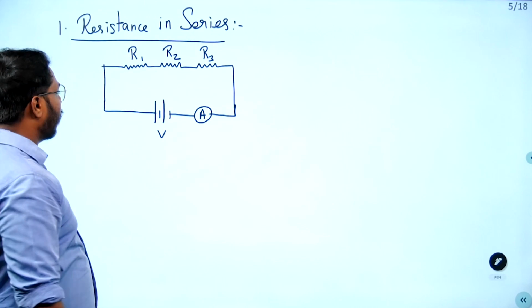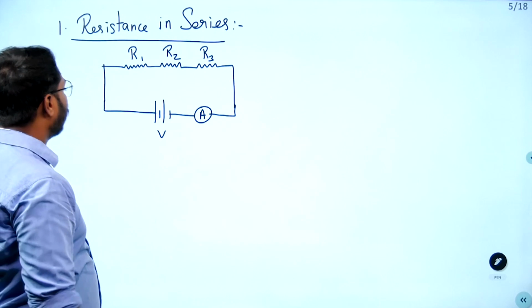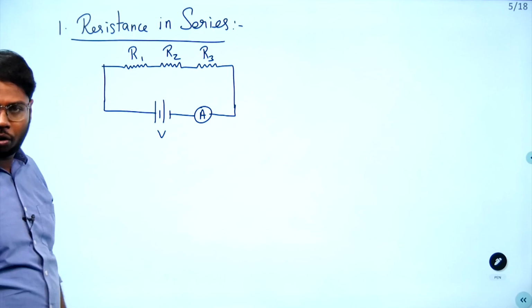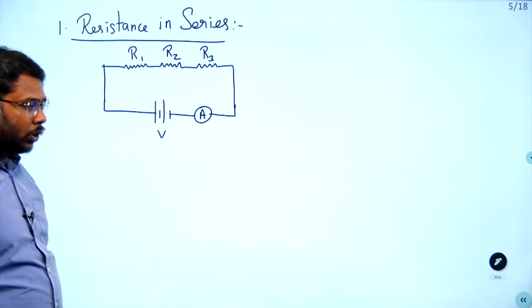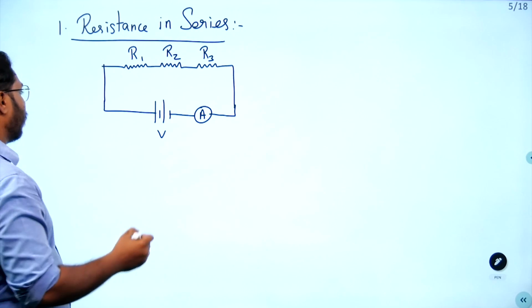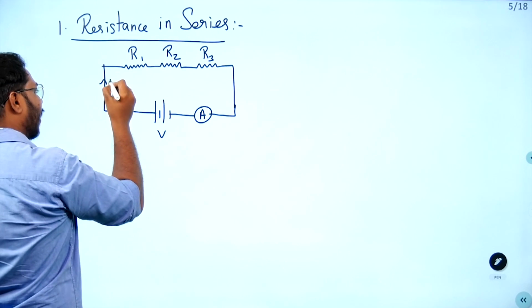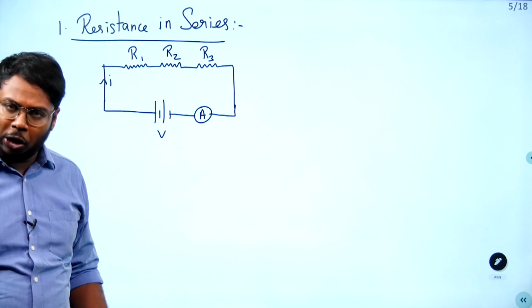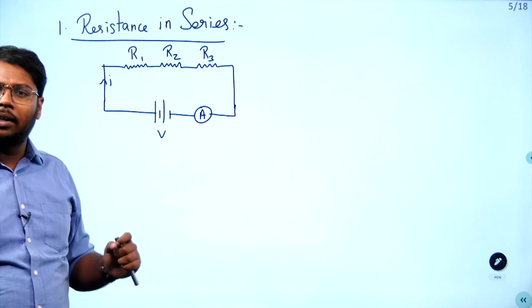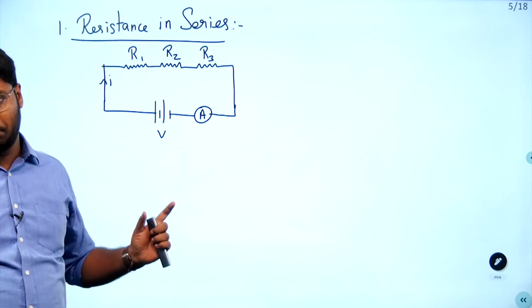So now coming back here, my aim is to find the equivalent resistance of this combination. So how am I supposed to do this? Listen very carefully. If any electrical component is connected in series, then I am very sure that the amount of electric current that is going to go through them is same.